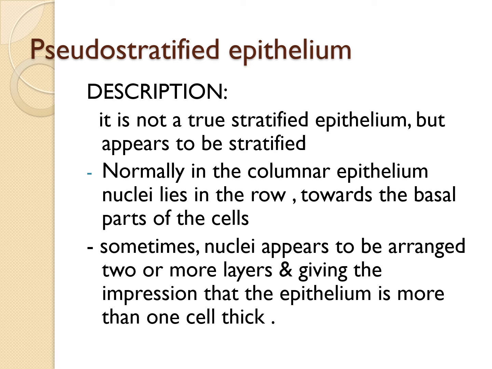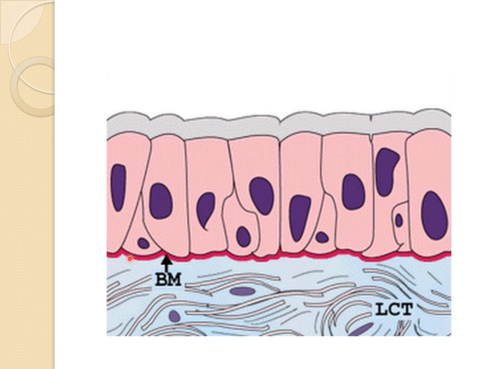Here you can see the basement membrane and a single layer of cells, with their nuclei located in two to three layers. It looks like two to three layers, so this epithelium is named pseudostratified epithelium. It is not a true stratified epithelium but appears stratified.